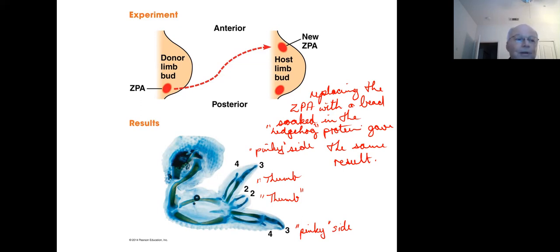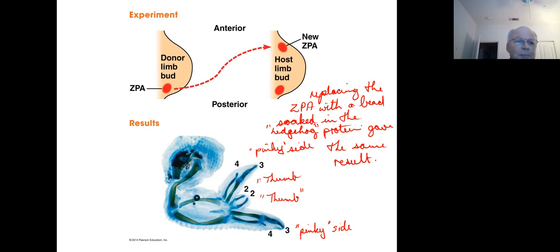So we now know that, in fact, our limb, and particularly our arm, is the product of the same type of development. There is the equivalent of a ZPA in our limb bud. It establishes anterior-posterior. There is an apical ectodermal ridge that establishes the proximal distal axis, and our limb develops along the gradient of these proteins, because that's in fact what the cells are recognizing.